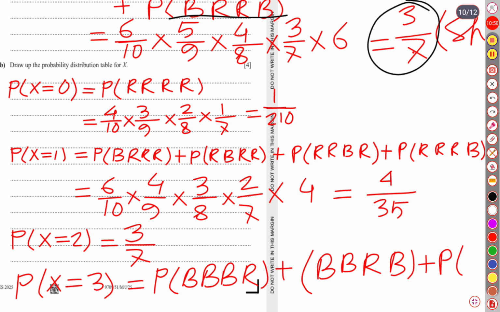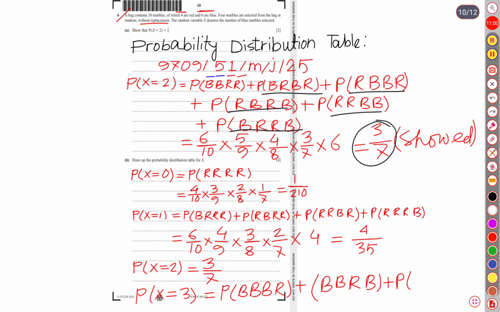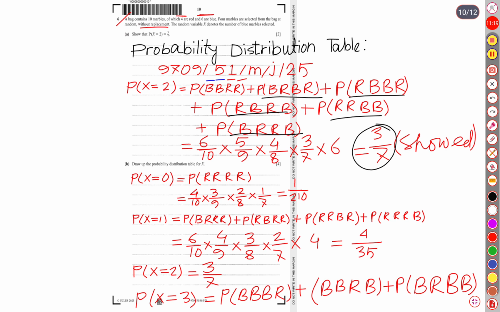Or second one is red, rest of them are blue. So this is the third possible case. Or only first one is red, and remaining 3 are all blue.